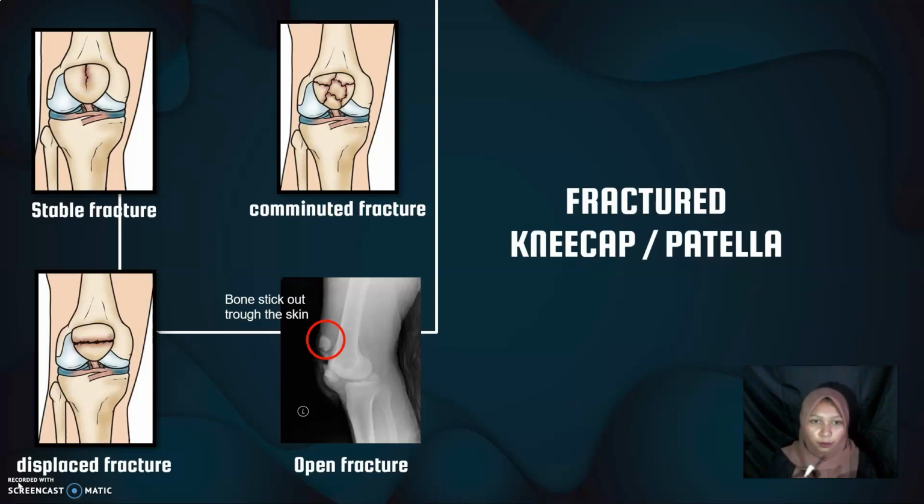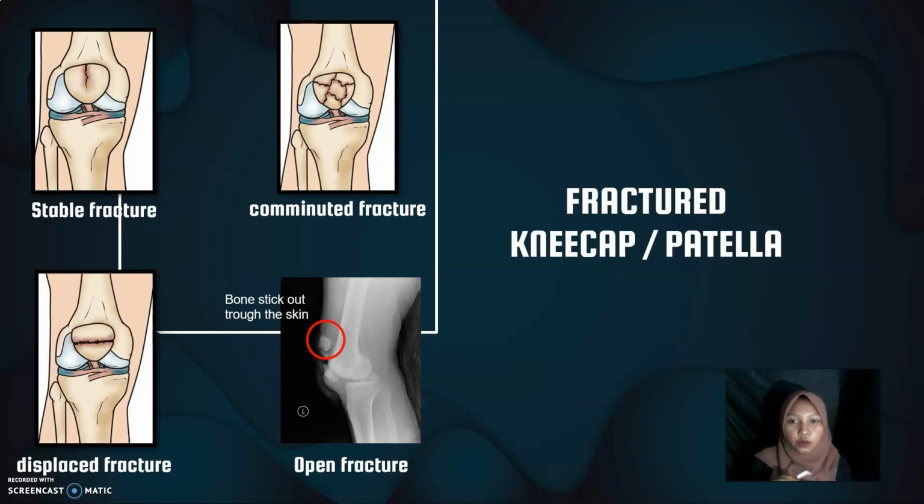It is a small bone located in front of the knee joint where the femur and tibia meet. A break can occur at the top, center, or lower part of the bone. Sometimes fractures occur in more than one area of the patella. There are four types of patella fracture: stable fracture, displaced fracture, comminuted fracture, and open fracture.